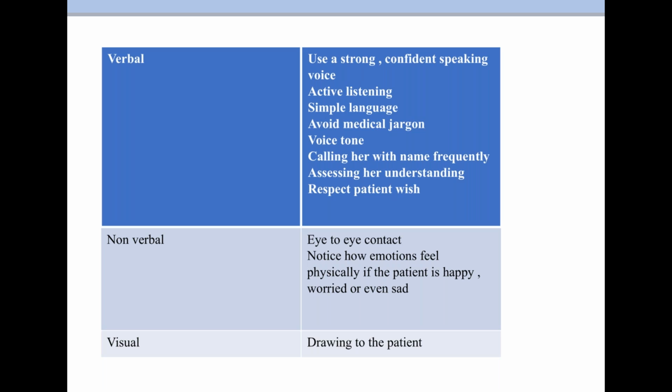One of the non-verbal communication with the patient while she is in labor and she is contracting, please stop talking during the contractions. The patient will not listen or understand or respond to you while she is in pain.